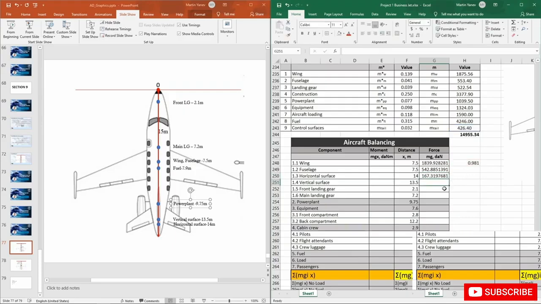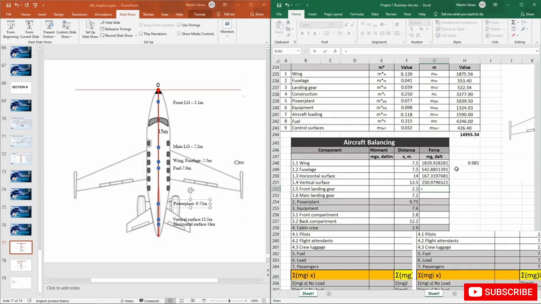Then the vertical surface is going to be equal to, again, the control surface multiplied by the coefficient, multiplied by 0.1, multiplied by 0.6. And this is basically the force produced by the vertical surface.